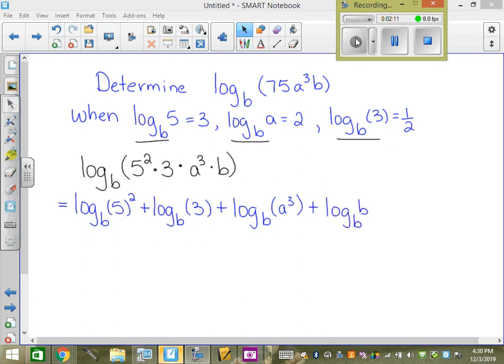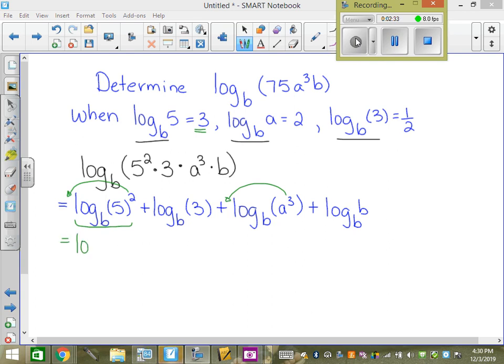Now, a lot of people try to replace log base b of 5 with 3 and then square it. You can't do that. What I have to do first is drop this 2. If you take the answer and square it, it's wrong. You need to take your exponent and drop it in front.